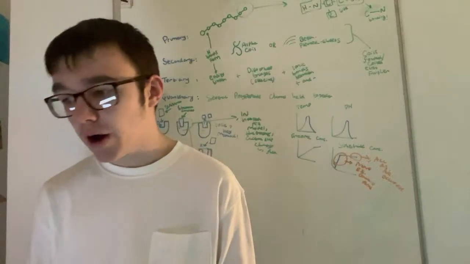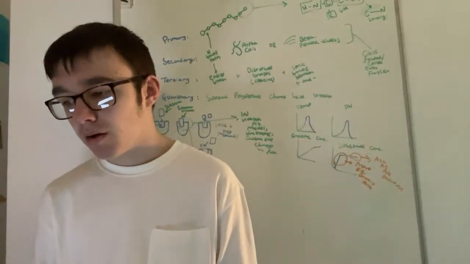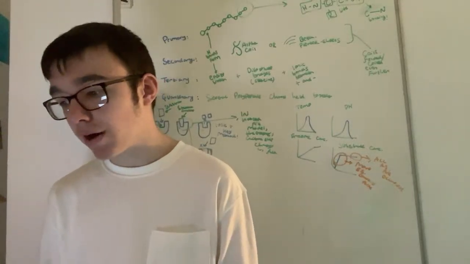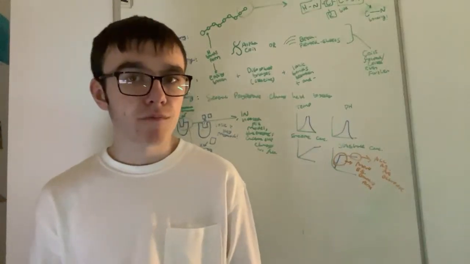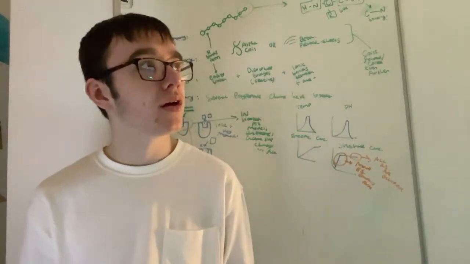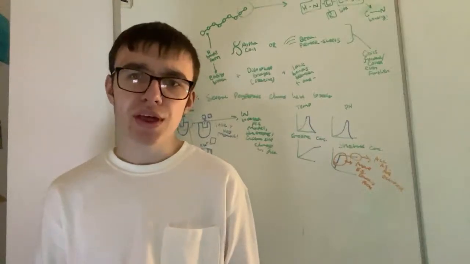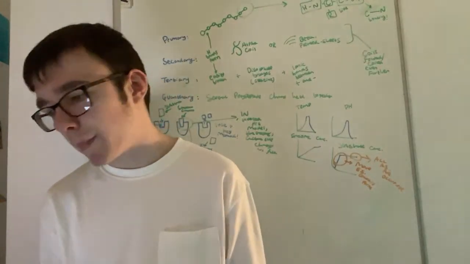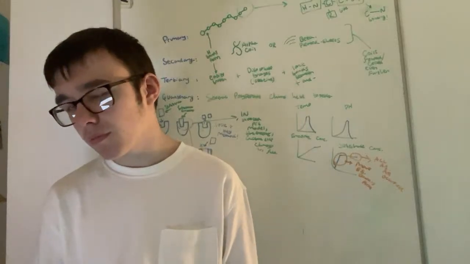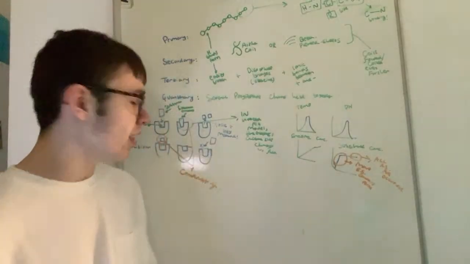Okay, so if retrograded starch is a competitive inhibitor, this means when eating the bread, the starch will not be obviously what we've just said there.